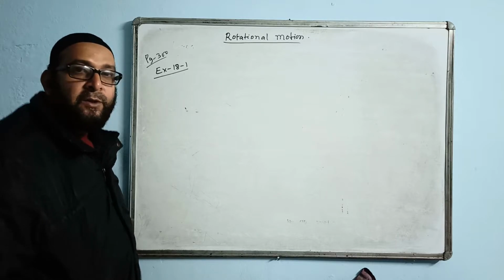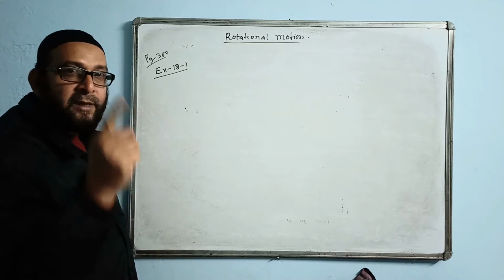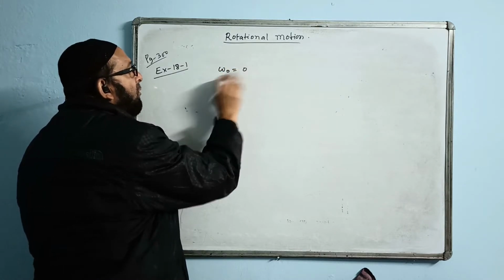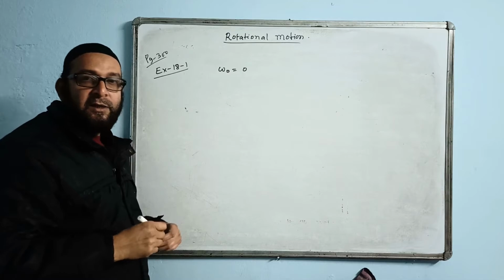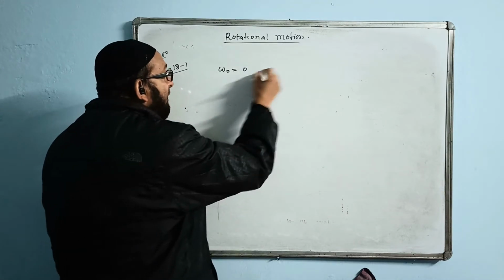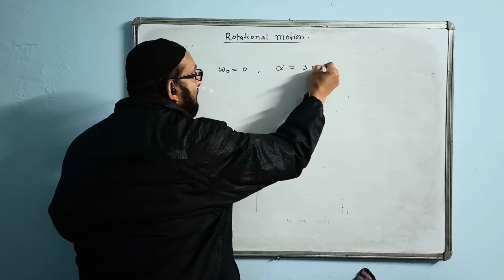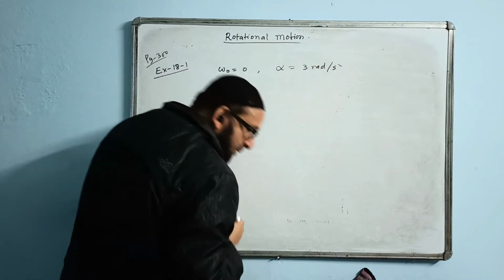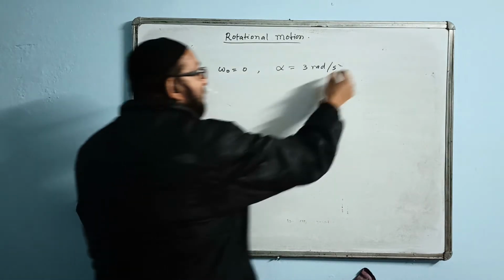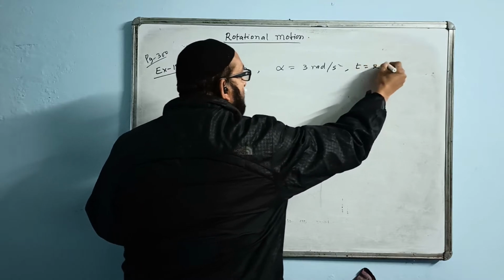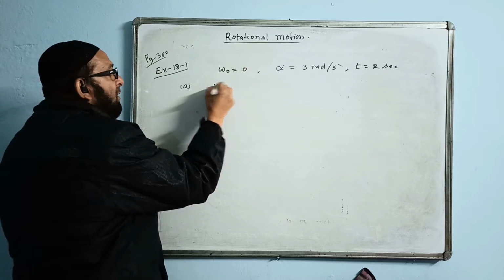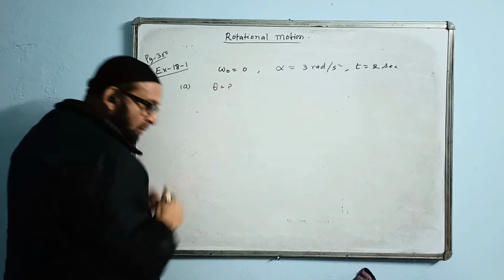Okay, we'll write down the information. The grindstone is starting from rest, so the initial velocity is 0. We can write omega naught value 0. In the question, the acceleration alpha is given as 3 radian per second squared. Time is given, 2 seconds. What do you have to find in the first part? The angular displacement, theta, is unknown.